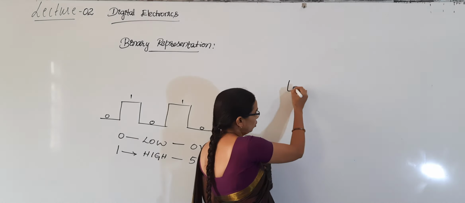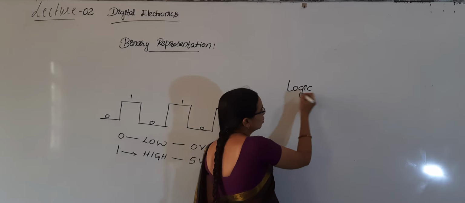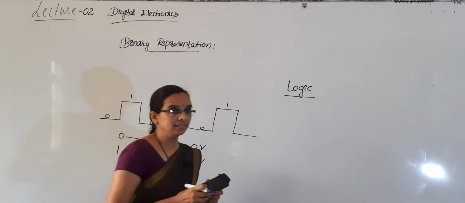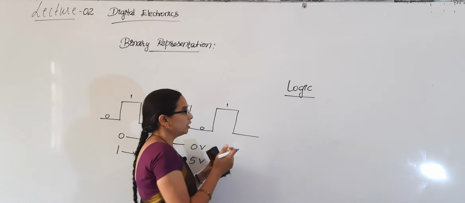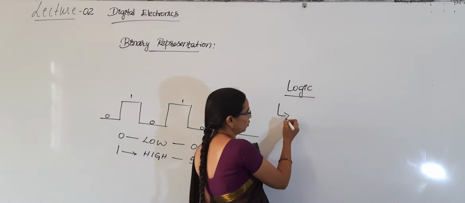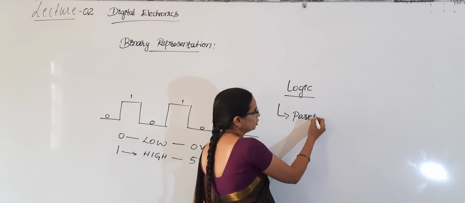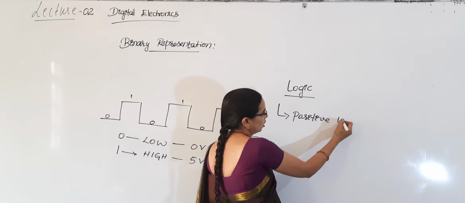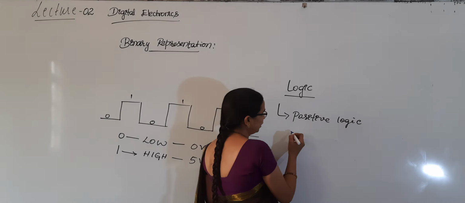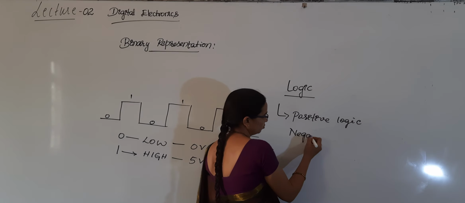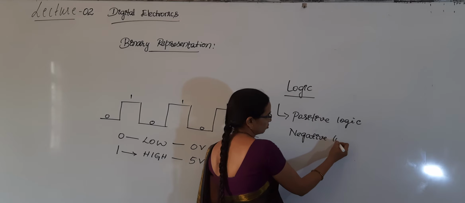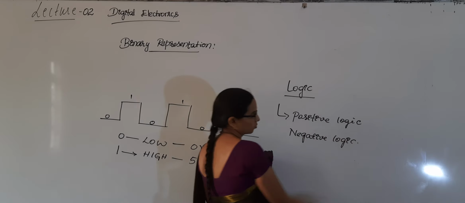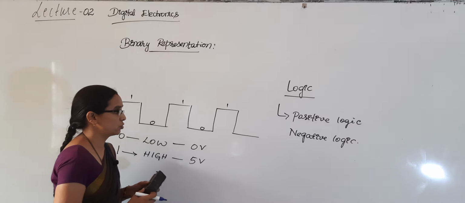See, digital circuits use two types of logic to decide the output states: positive logic and negative logic.